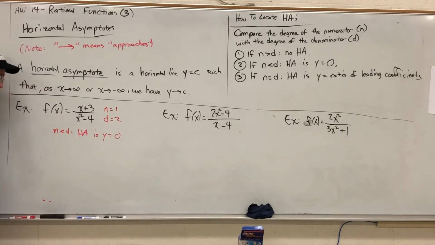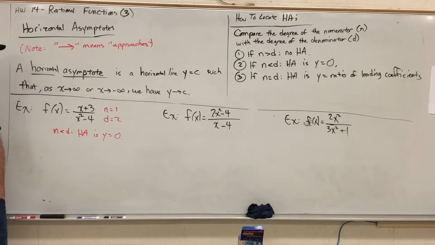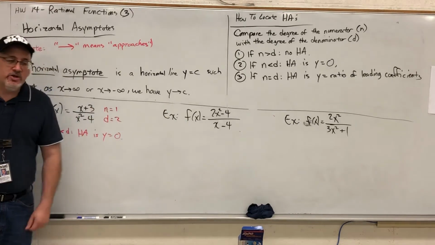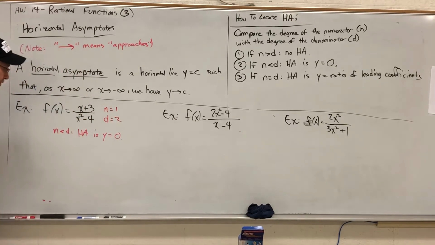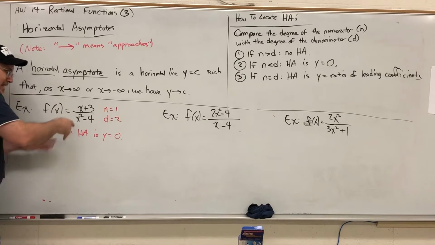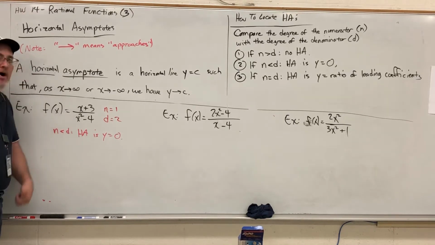That's actually kind of easy to explain why it happens. The whole purpose of a horizontal asymptote is to dictate what happens on the ends. In other words, what happens when the x's get really, really, really big. Imagine the x's are growing, larger and larger and larger. Which side of the fraction would grow faster? The answer, the bottom one.